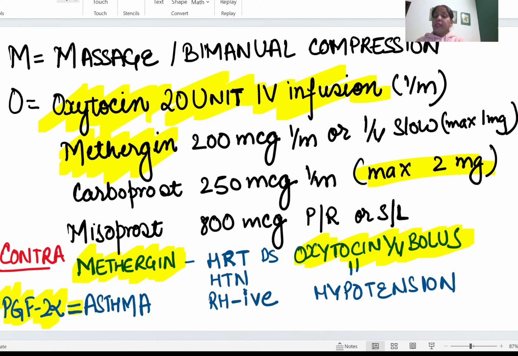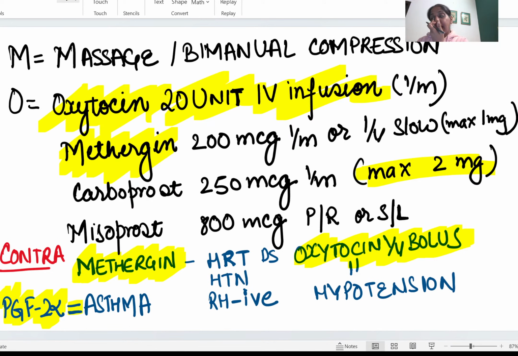What are the contraindications of methergin? We have already studied. The contraindications of methergin are heart disease in the mother, hypertension, and Rh negative. The contraindication of oxytocin is that we must not give it as IV bolus because it leads to hypotension.